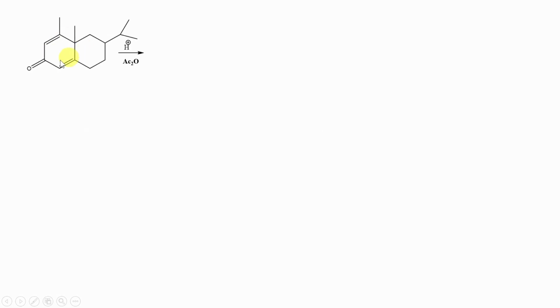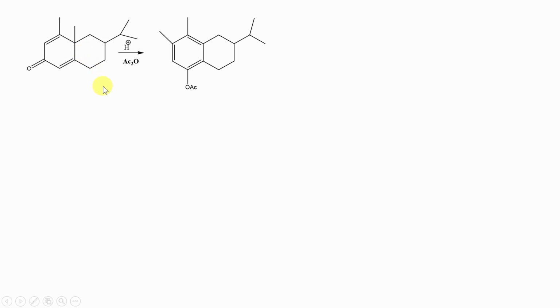This is another example of dienone-phenol rearrangement. This dienone, on treating with acid followed by acetic anhydride, gives the acetate of the corresponding phenol. See the product. It is the acetate of the phenol obtained by the dienone-phenol rearrangement of this molecule.